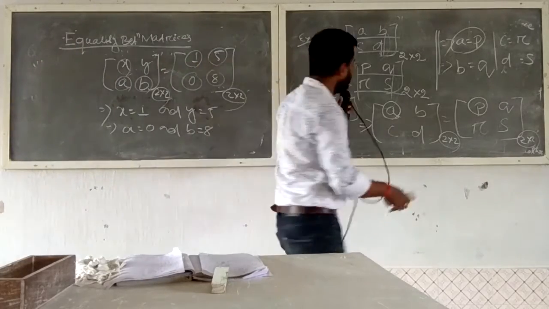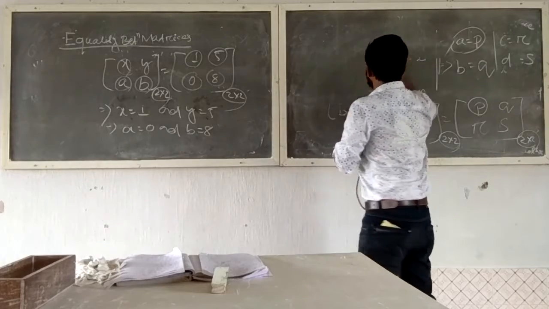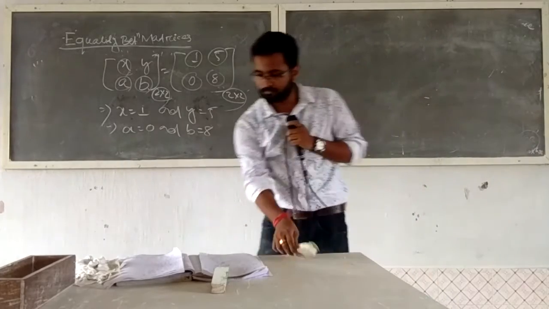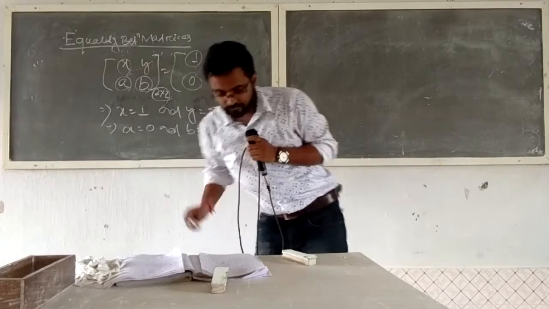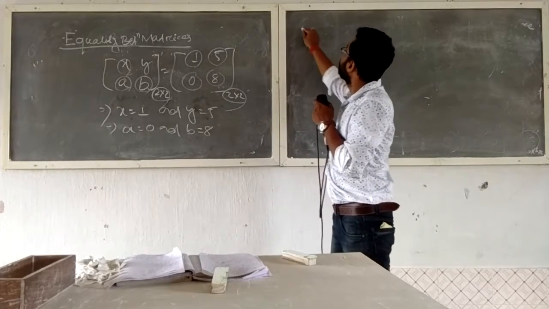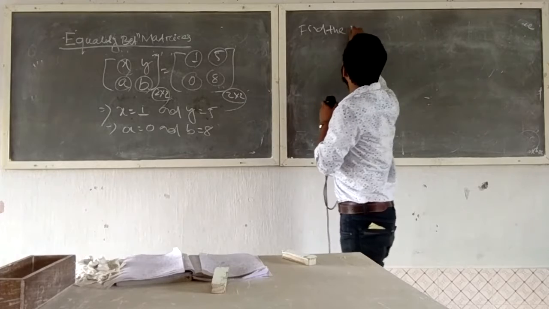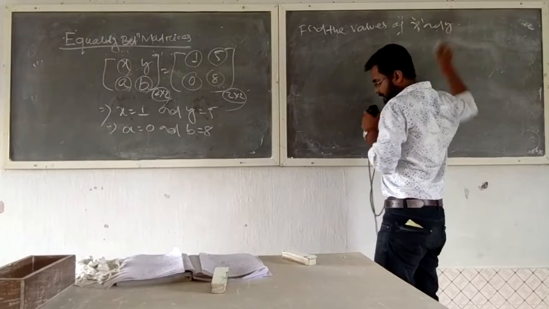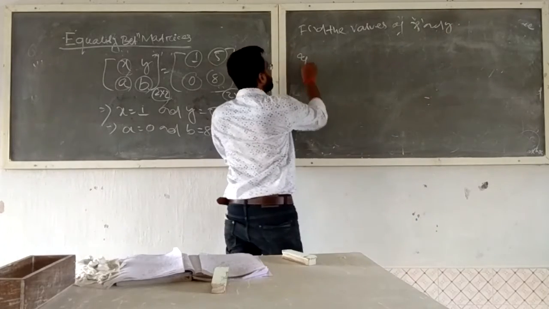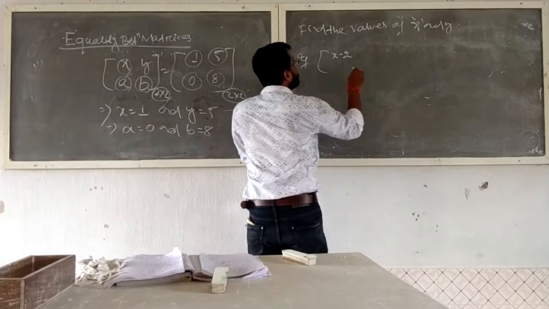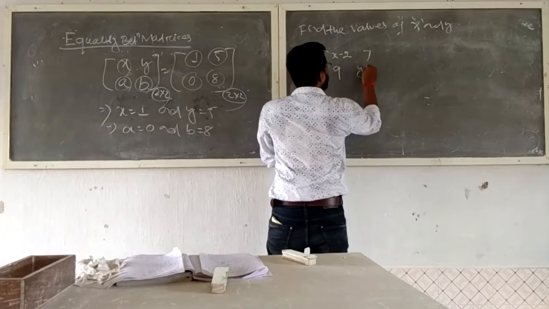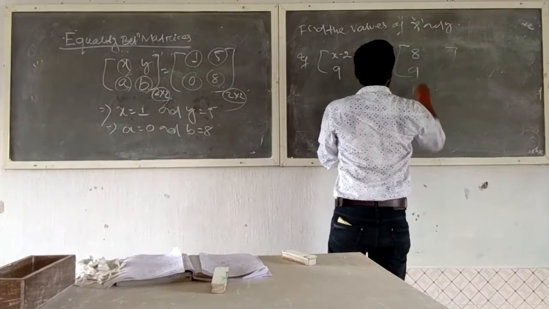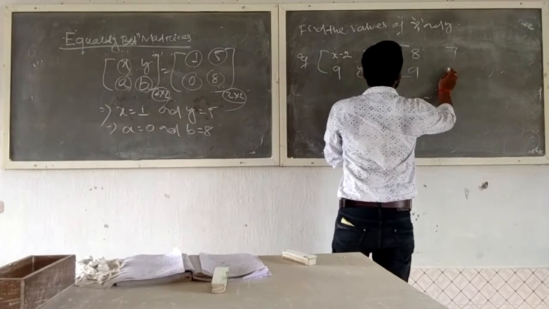Now, a question will be given. Find the values of X and Y if the condition given is X minus 2, 7, 9, Y plus 2 equal to 8, 7, 9, 6.